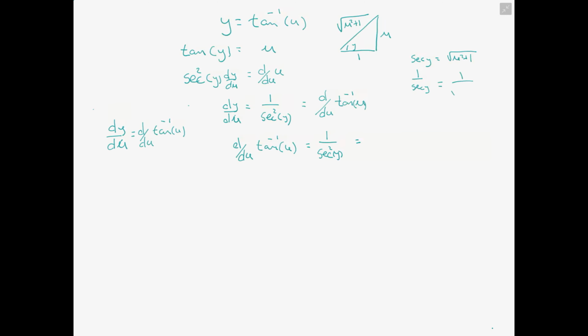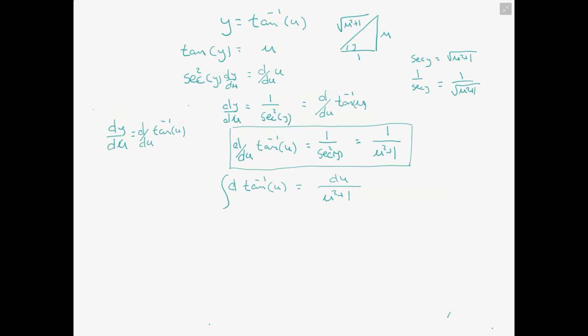But the secant squared of y is u squared plus 1. So this is 1 over u squared plus 1. And that's a square, so there's no square root. And so we have our derivative of the arctangent function.